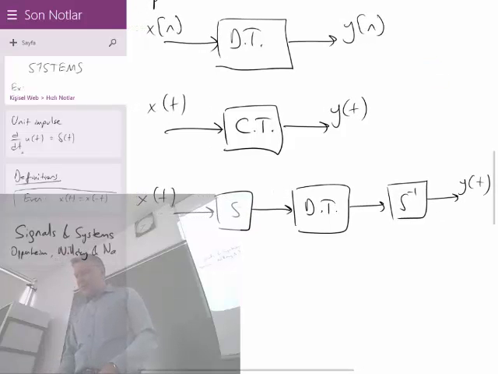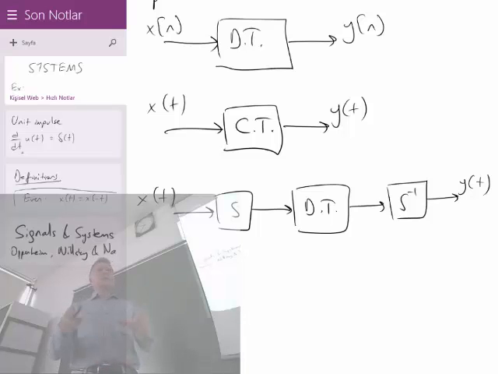So this phenomenon is called discrete time processing of continuous time signals. This is also possible, but in between, of course, you need sampling and inverse sampling.